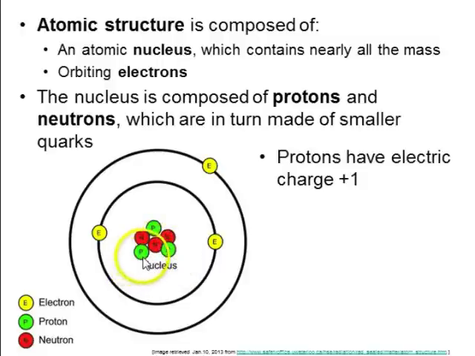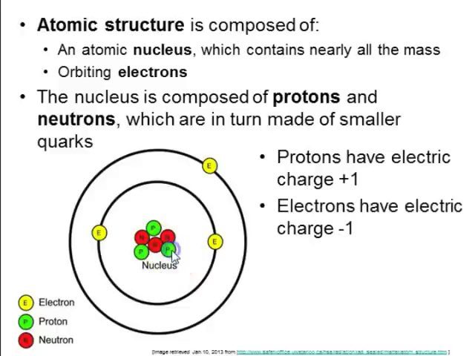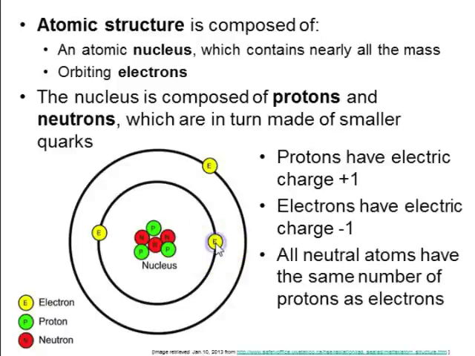But what you need to know is that protons have electric charge +1, and electrons have electric charge -1. So almost all the atoms in the world have exactly the same number of orbiting electrons as protons in the nucleus, so that the charges cancel out.